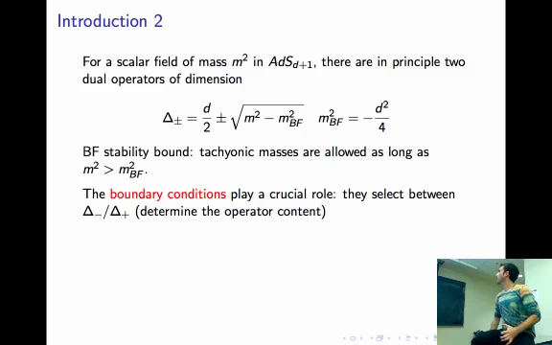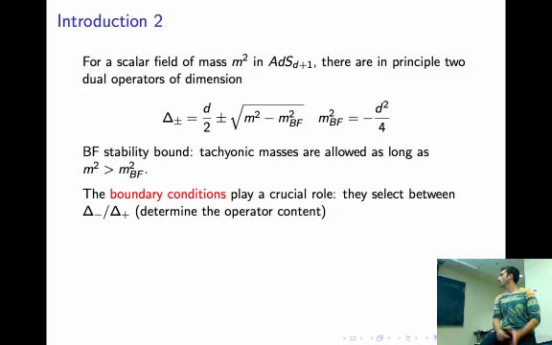So let me draw your attention to the following fact. If you select specific boundary conditions such that the operator has a dimension delta minus, I'll tell you in the next slide what those are, and you take the mass of the field to satisfy m squared greater than m_BF squared plus 1, you have that delta minus is smaller than d/2 minus 1, which is known from a field theory result as the unitarity bound in that theory.